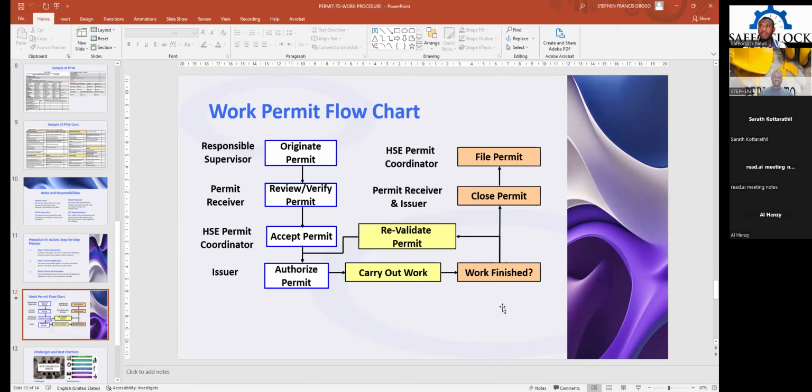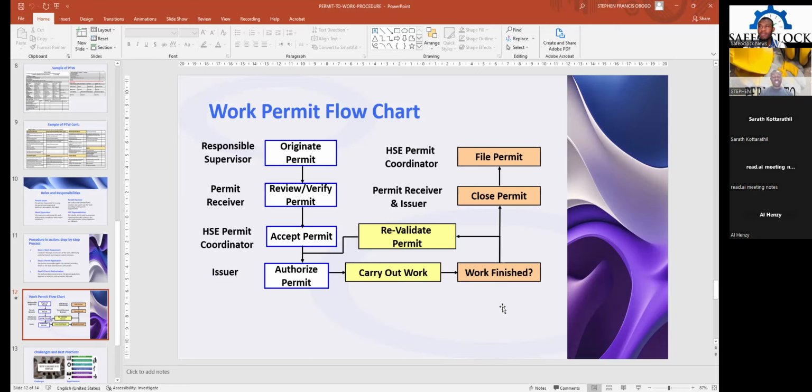Then the permit receiver reviews and verifies the permit. Then the HSE permit coordinator or the permit issuer. Like I said, in some cases or industries, the permit coordinator and issuer might be doing the same function. Also, the responsible supervisor or permit receiver might be one person doing the same function.